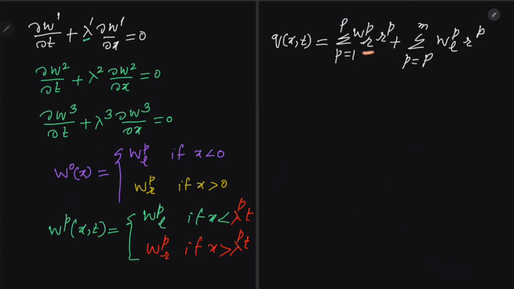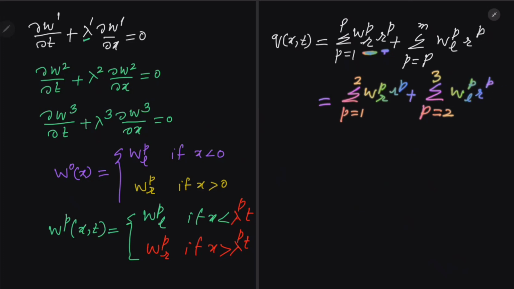It just shows which eigenvalue, or which scalar function or eigenvector, is important. For example, if two eigenvalues or two eigenvectors are important, then this will be the sum over P equal to 1 to 2 of WP right RP plus, and for the left, for example, P equal to 2 to 3, if there are three eigenvalues, three system of equations, then we have WP left RP.